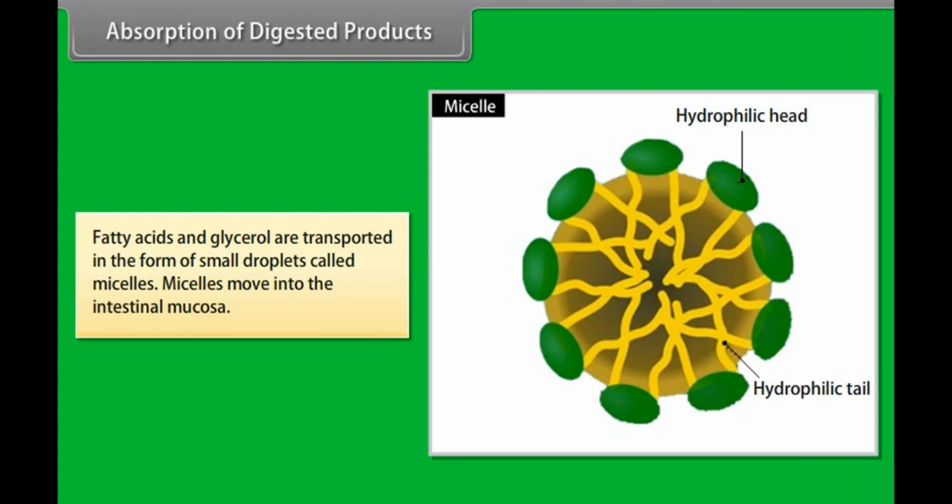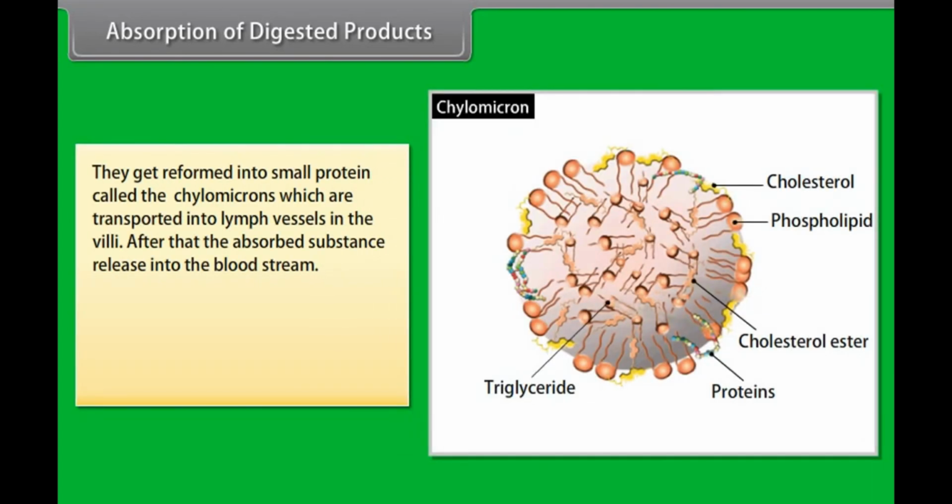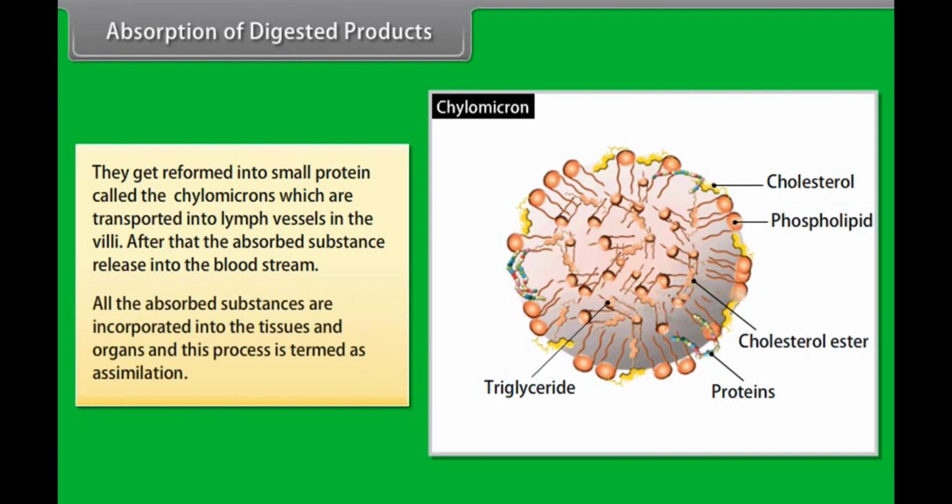Micelles move into the intestinal mucosa. They get reformed into small protein-coated fat droplets called chylomicrons, which are transported into lymph vessels in the villi. After that, the absorbed substances are released into the bloodstream. All the absorbed substances are incorporated into the tissues and organs, and this process is termed assimilation.